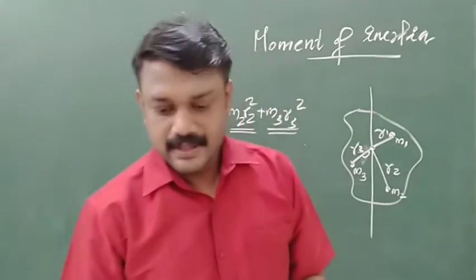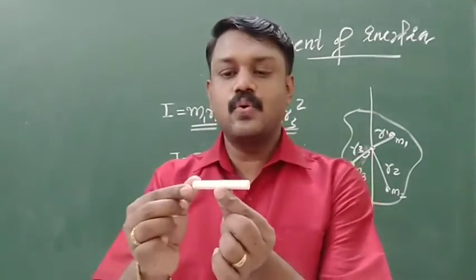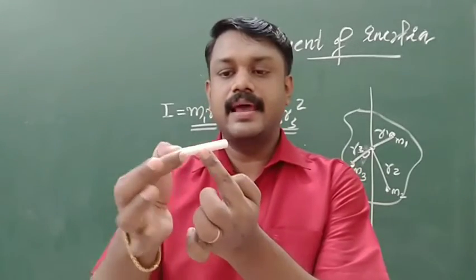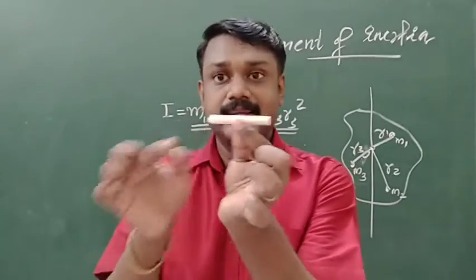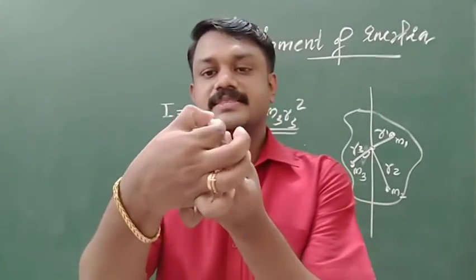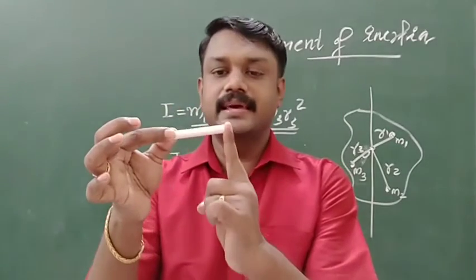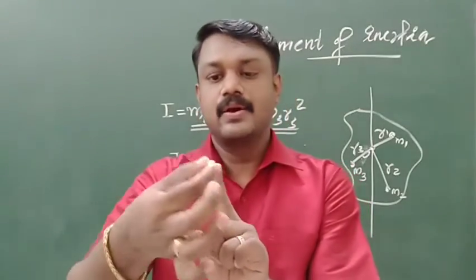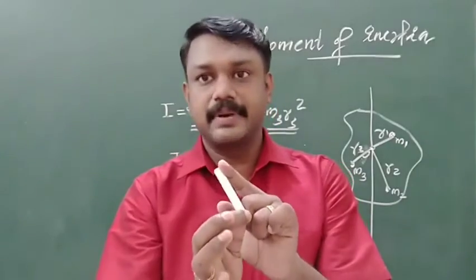So suppose this is a rod, and this rod can rotate like this. When I am fixing it at the center, it can rotate about that point. When I am fixing it here, it can rotate either like this in the same plane, or it can rotate like this, in a vertical plane.